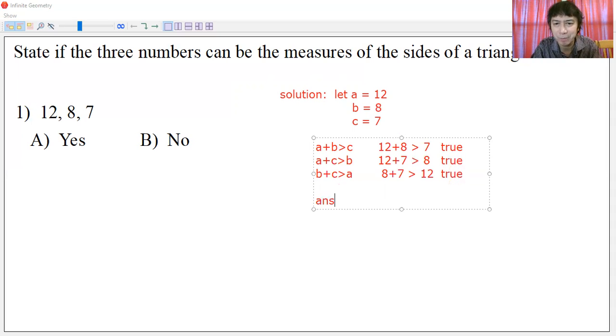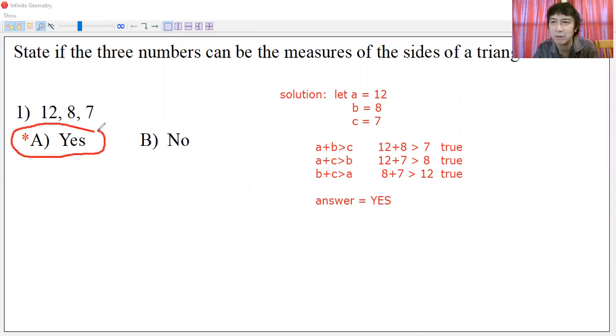That's how to solve each of these. Now, in a multiple choice question, the answer here must be yes, and so we can verify that. You can see the asterisk there in the word yes.